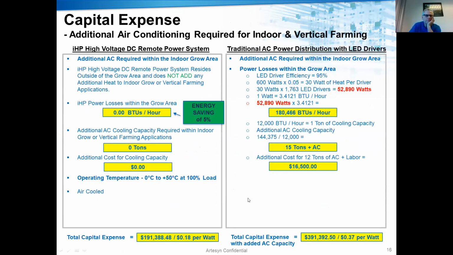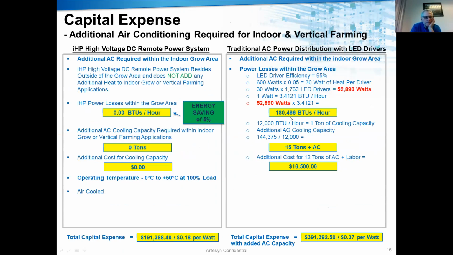Now the AC part, right? Because our system's in the closet. The other ones, all these LEDs are in there, the drivers. So you're going to have 1,763 drivers, right? At 95%, basically almost 53,000 watts you can dissipate within those grow areas.